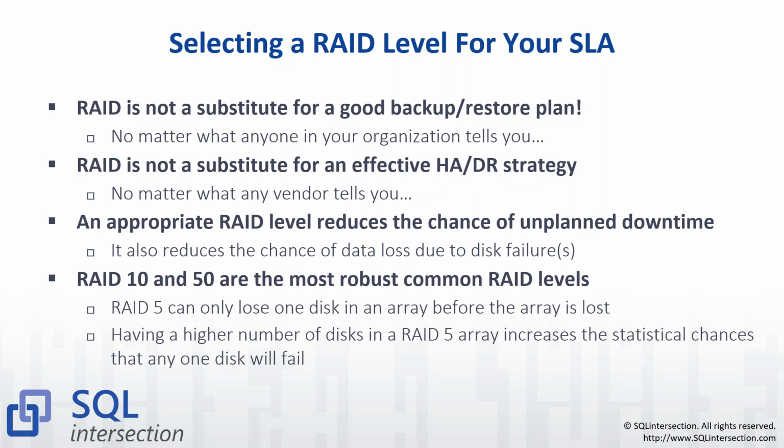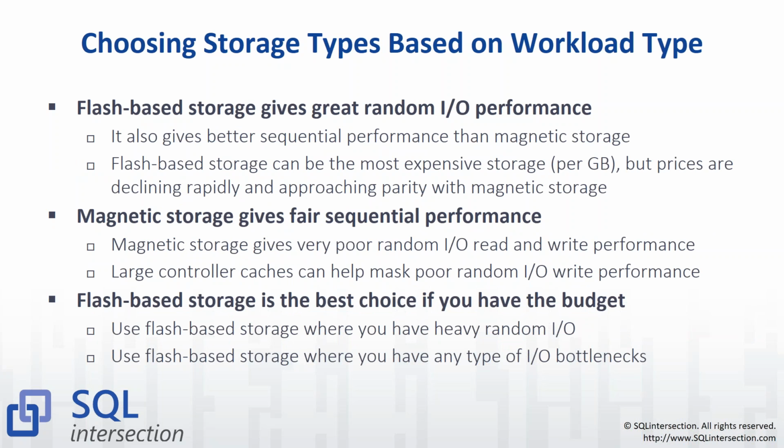So, choosing storage types based on your workload type: flash-based storage gives great random I/O performance, and it gives you better sequential performance than magnetic, but the difference is not as stark as it is with random. It can be the most expensive, but the prices have come down so much that it's almost the same. 15K magnetic storage versus entry-level enterprise flash is about the same price.